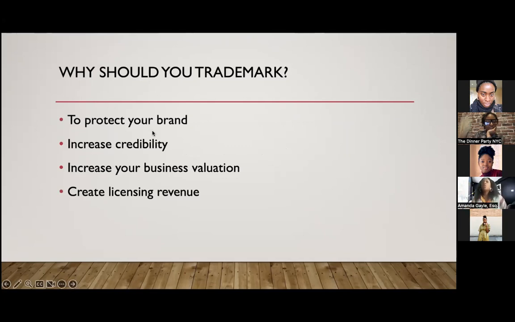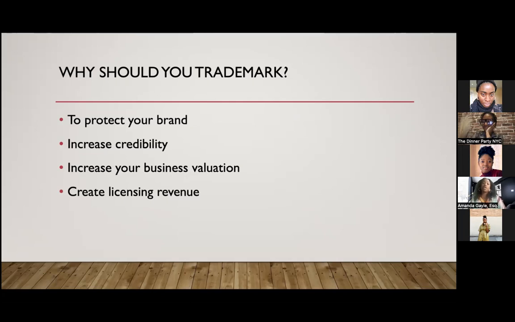Okay, so why should you trademark? Like I said, you should trademark because it lets people know this is how my brand should be identified. But it also protects your brand from infringement. We were talking about copyright infringement, but trademark infringement happens as well.